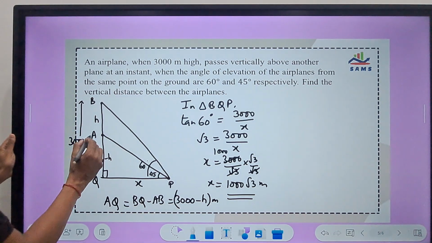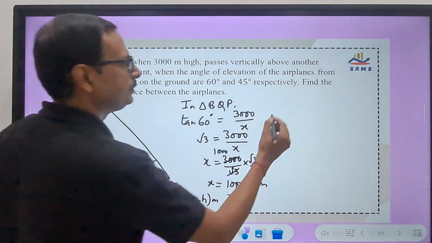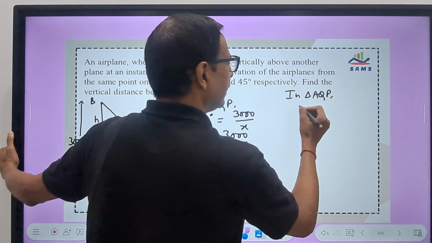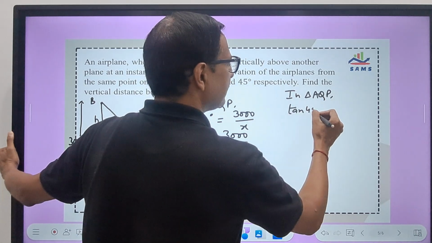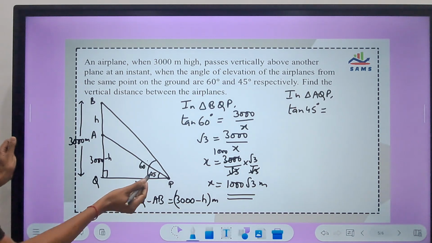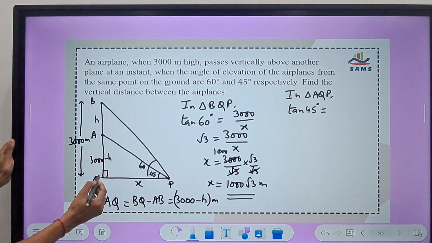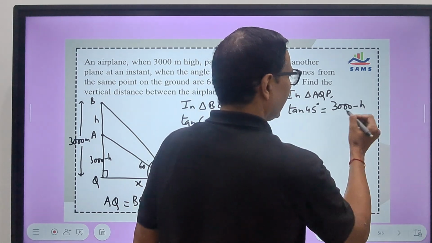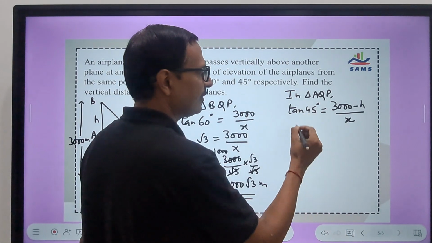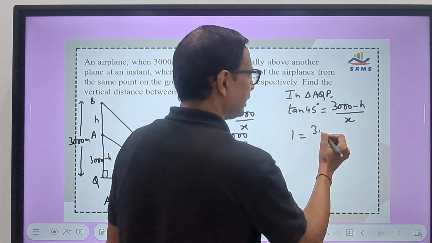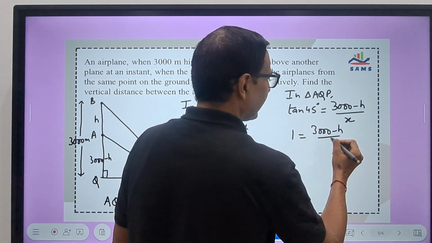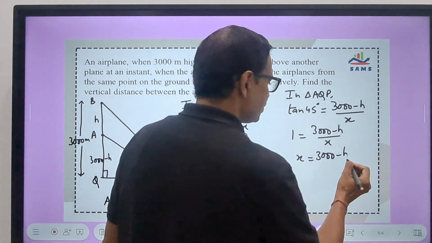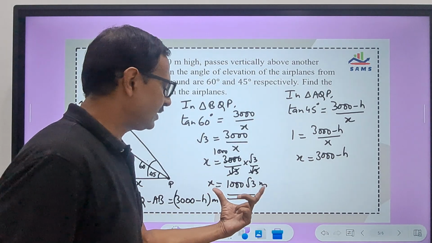So I will use the other triangle now, AQP. So in triangle AQP, tan 45, this time the angle is 45, perpendicular 3000 minus h, base x. Now tan 45 is 1, 3000 minus h upon x. So if you cross multiply, x is 3000 minus h, and now x is 1000 root 3.